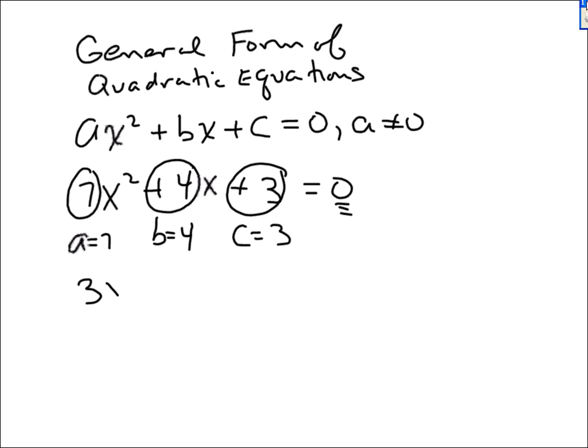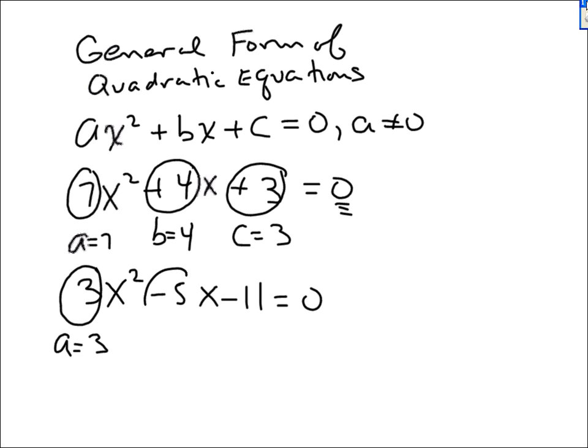If you have 3x squared minus 5x minus 11 equals 0. Whatever x squared is being multiplied by, that's a. Whatever x is being multiplied by is b. b is negative 5. Whatever the constant is, c.